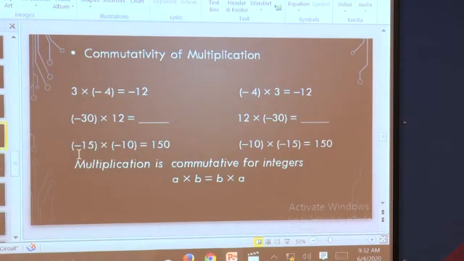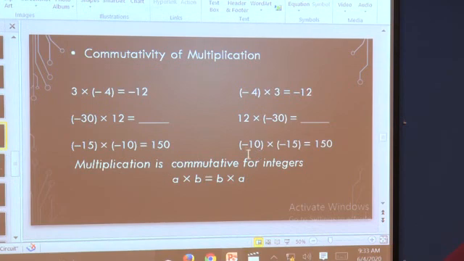Here is one more example, minus 15 multiplied by minus 10. What will be the answer? It is an even number of times, it is 2 times negative integers, so the answer will always be positive. So, 15 times 10 is 150. Same answer I will get here. But what have I done here? Just because of the commutative property, I can change the place. I can replace the integers during multiplication and addition.